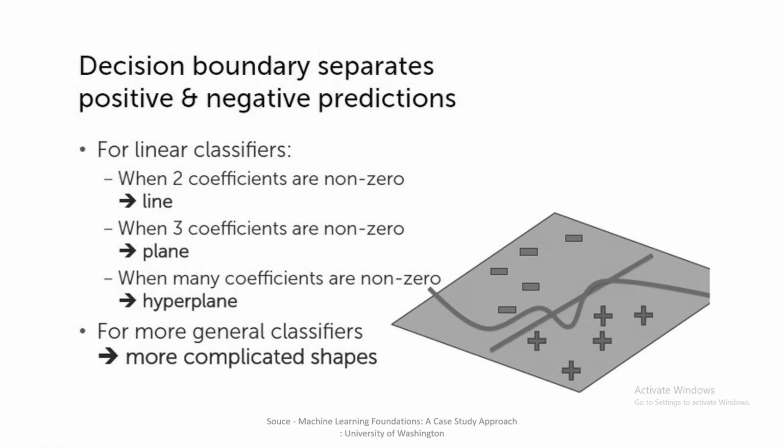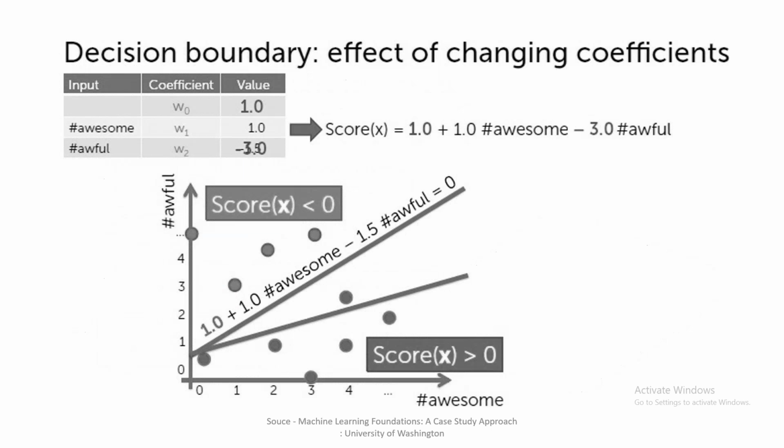Okay, moving ahead. Right now, just for the sake of understanding, I have only taken two variables, which is awesome and awful. But when you'll be doing an actual real life problem, you'll be getting tens of thousands of variables, 10,000 words, 50,000 words, maybe 1 lakh words. With two words the decision boundary was a straight line, right?